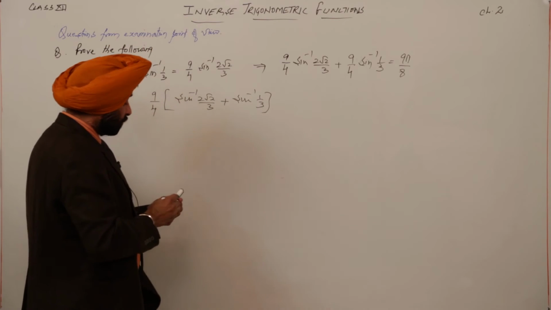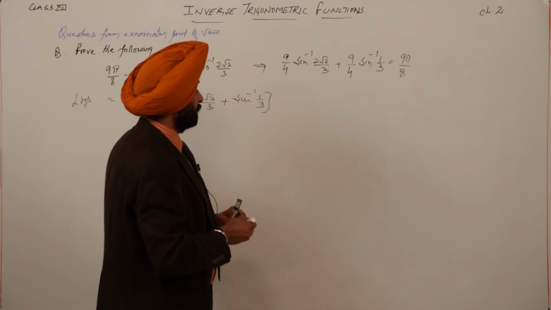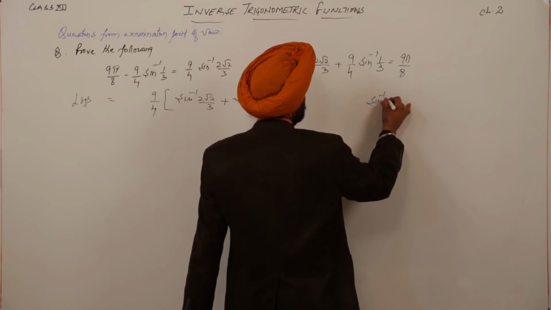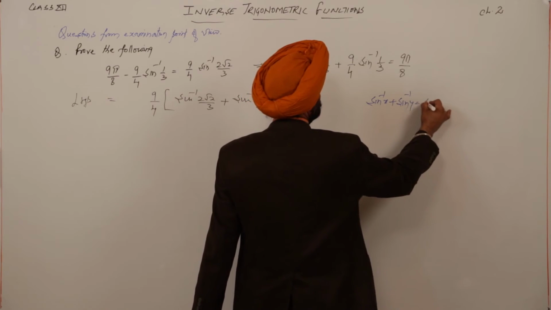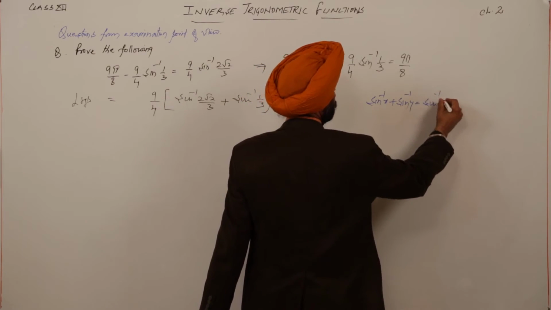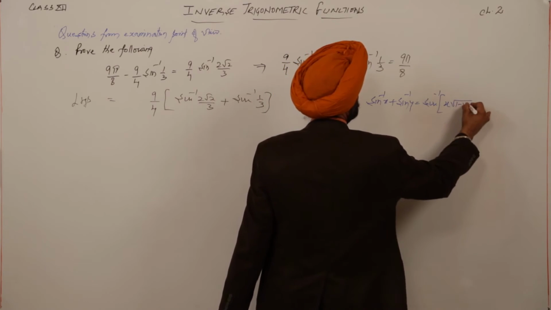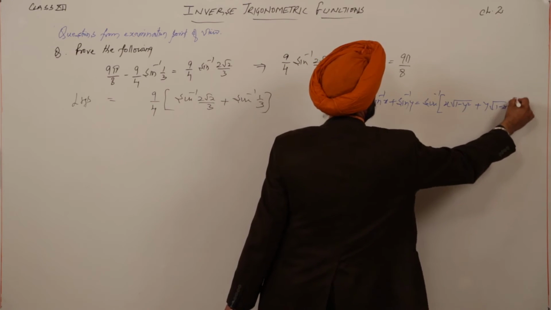Now it seems that we are going to use a property. The property is sine inverse x plus sine inverse y is equal to sine inverse of x under the root 1 minus y square plus y under the root 1 minus x square.